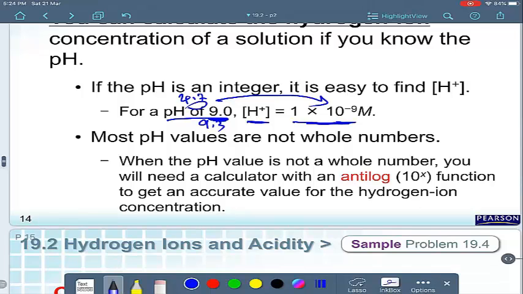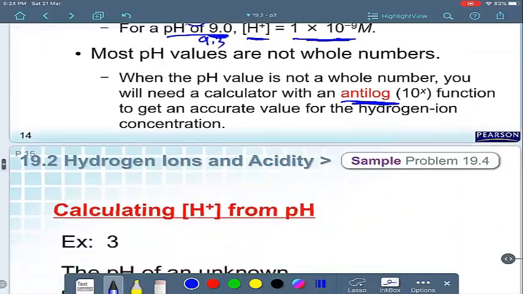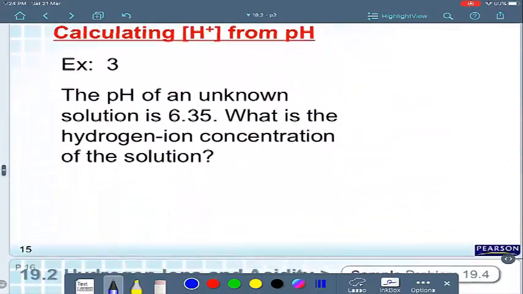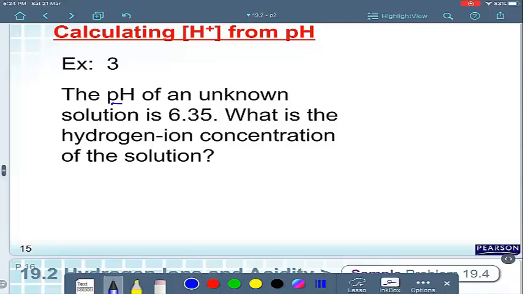You have to follow the same rule, but you have to use anti-log. How? Look at this example. You have pH 6.35, and we need to calculate the hydrogen ion concentration of this solution.